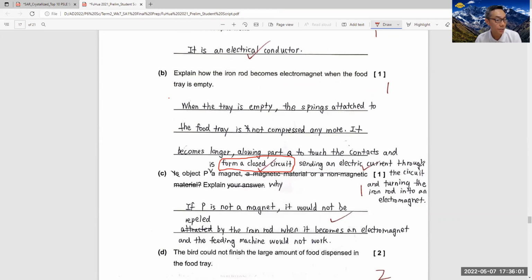Sending an electric current through the circuit, turning the iron rod into an electromagnet. This is the important part here.